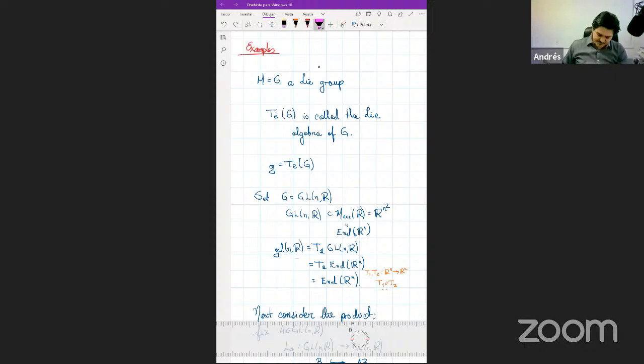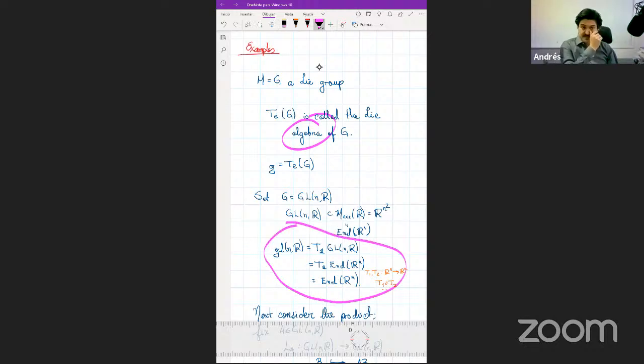Okay? Now, again, this is just the justification of this in this particular case. Later we will define the algebra or the product structure on that vector space.